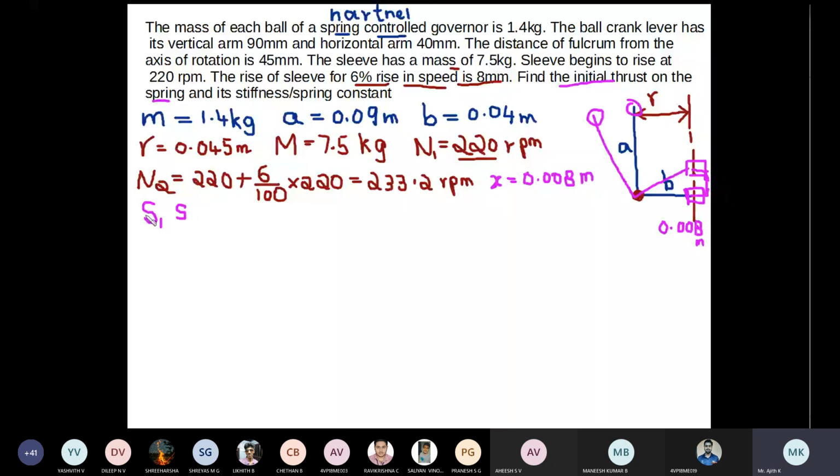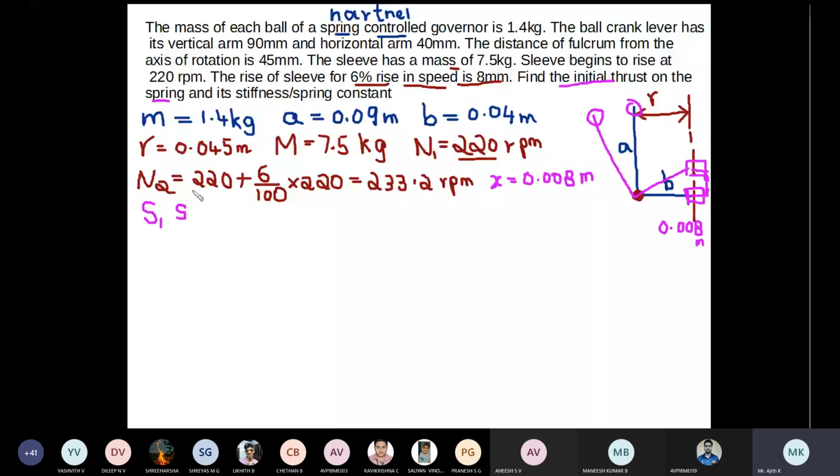S1 is initial thrust, and if they ask you to calculate final thrust, that will be S2. Initial thrust means the initial spring rate. So first I will calculate spring stiffness.